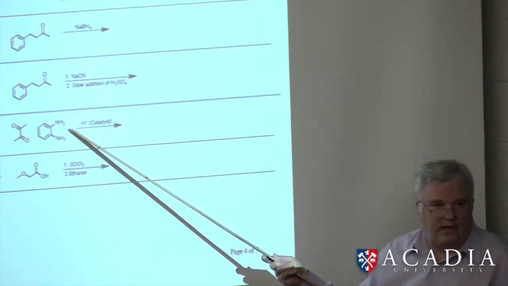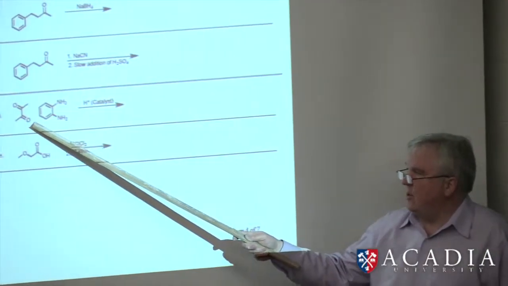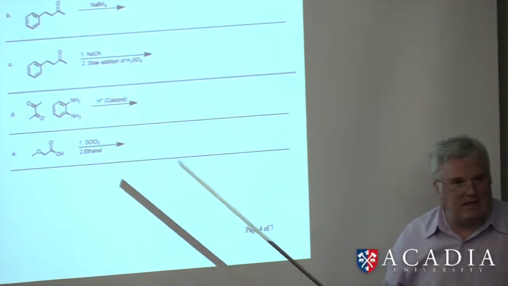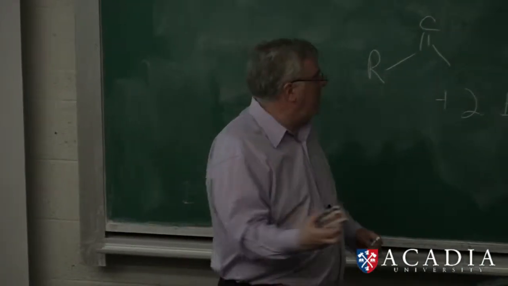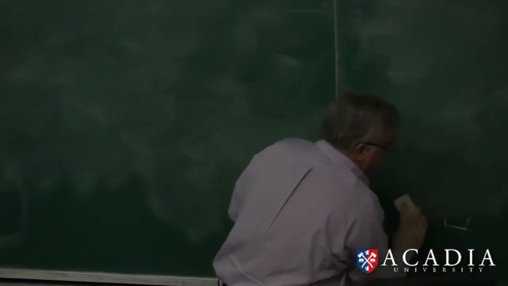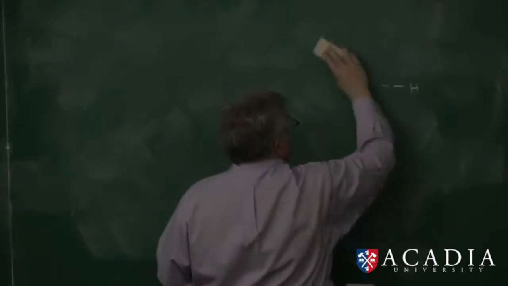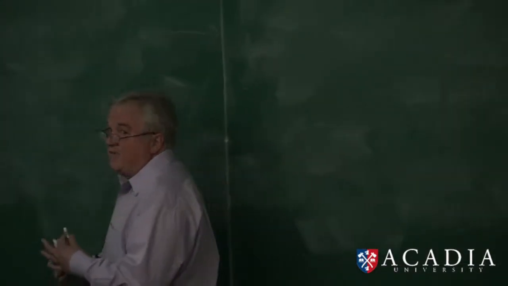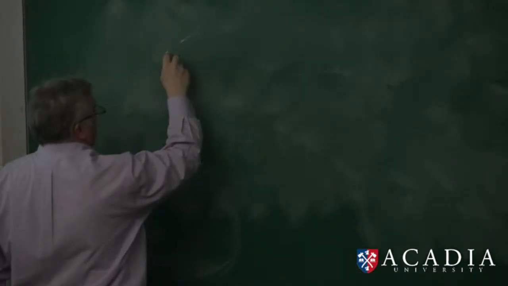This is the tricky one here, okay? Here we have a diketone and a diamine. What do you suppose that reaction product is? So what do we know about... we've never asked this in class, but I would expect you to be able to figure it out.